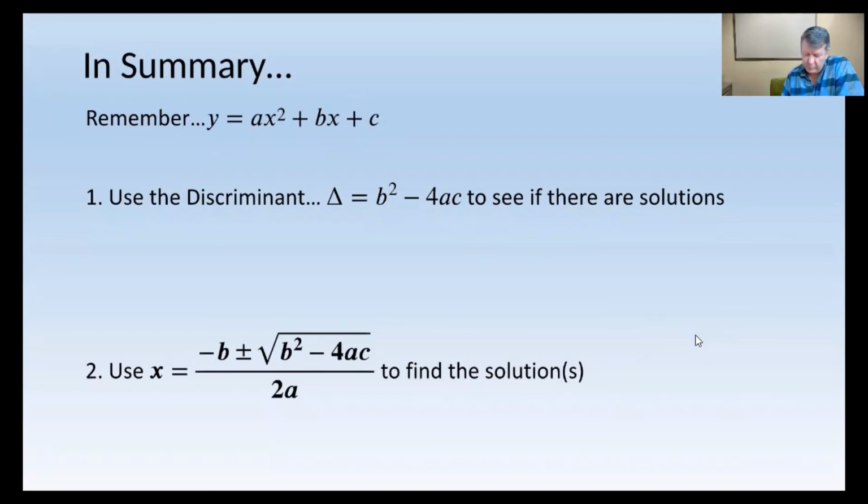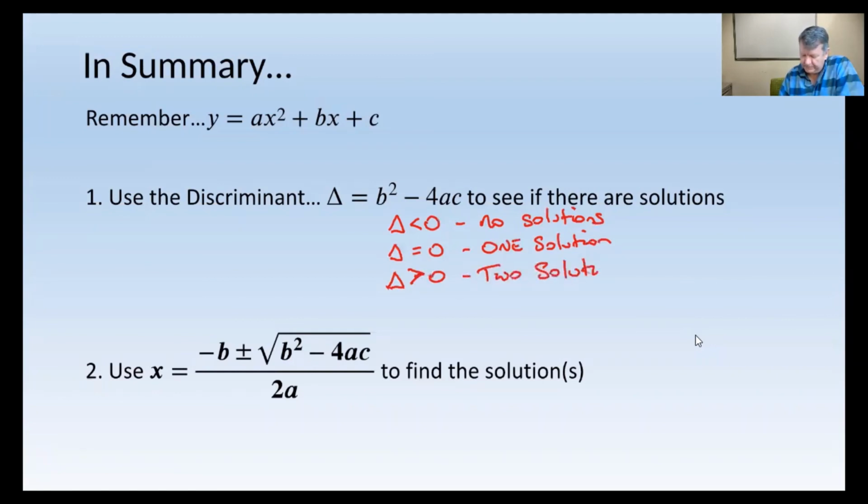So if you recall, if delta is less than 0, there are no solutions. If delta equals 0, there is one solution. And if delta is greater than 0, there are two solutions.